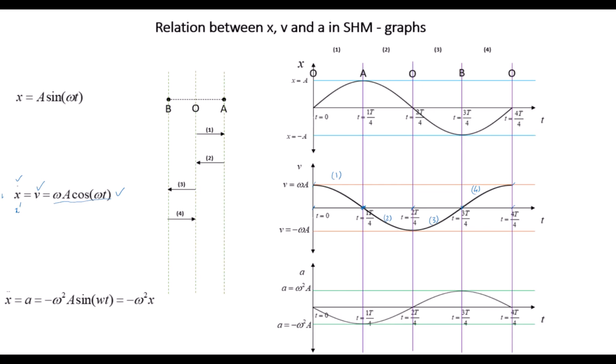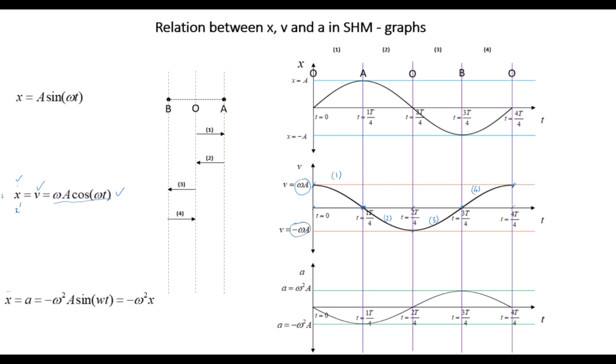So if I summarize, the maximum velocity happens at time t equals 0 and also at time t equals T. And that is, we are talking about positive maximum, and that is given by omega a. And the negative maximum for the velocity happens at time t equals T over 2, and it happens over here at the point O, and the value is given by minus omega a.